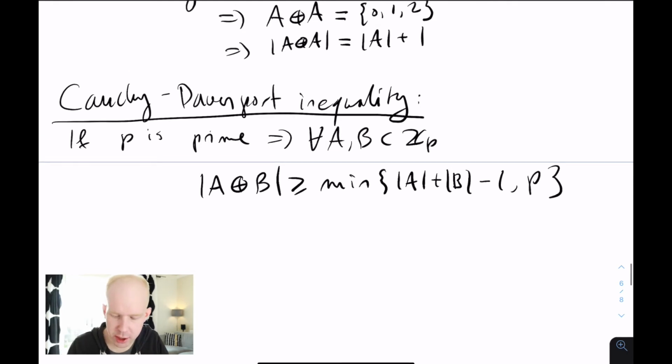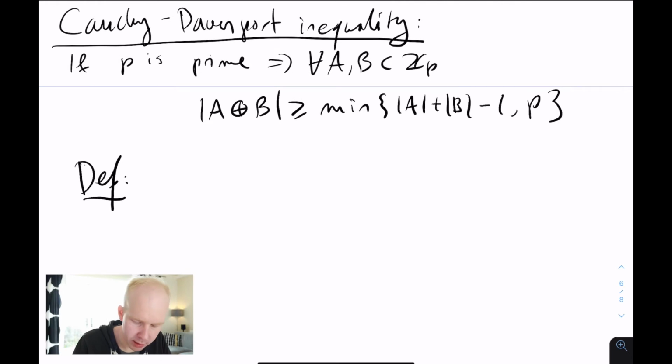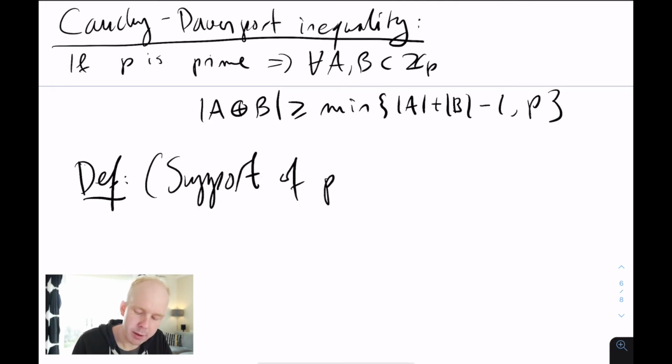So the connection to sumsets and the convolutions comes from this idea of support. The definition we want to impose here is the support of a probability distribution.